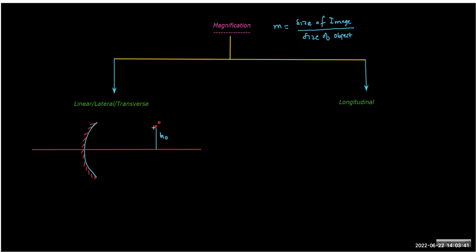Any light ray coming from the object hitting the pole, this becomes the angle of incidence. And because the principal axis will act as a normal, the light ray will go at the same angle.